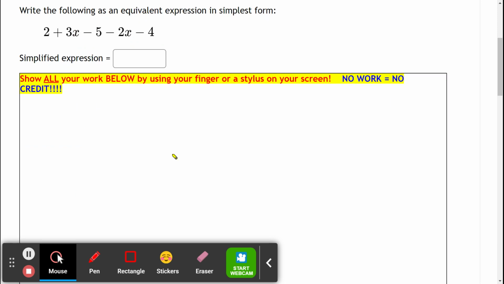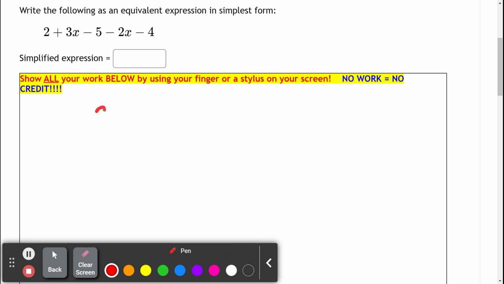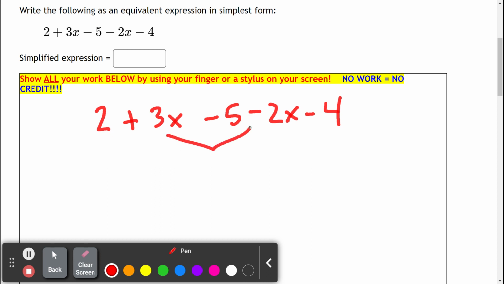All right. I'm going to write this whole thing down here. It's 2 plus 3x minus 5 minus 2x minus 4. And I'm going to combine my like terms. 3x minus 2x, that's just 1x.